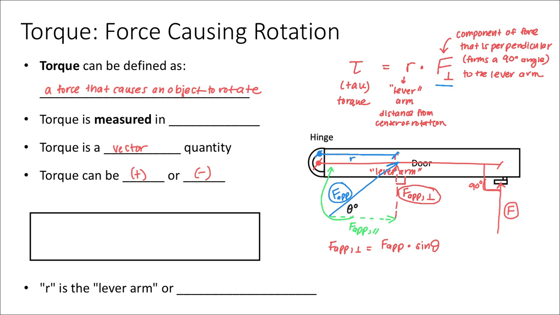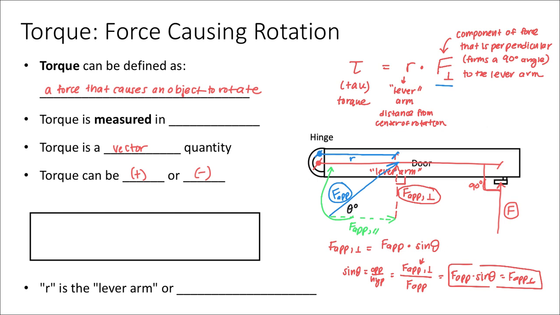Sine of theta is the opposite over the hypotenuse, so sine of theta here would be F applied perpendicular over the applied force. If I rearrange for the perpendicular component, I get F applied times sine theta equals F applied perpendicular. That's where this came from. It came from our definition of sine, which was opposite over hypotenuse.